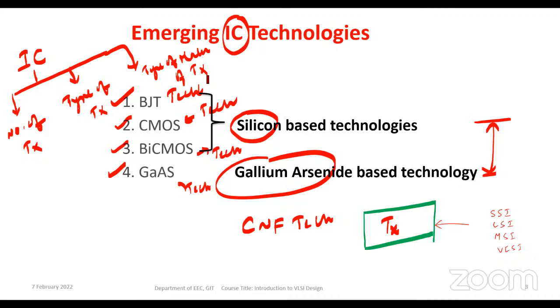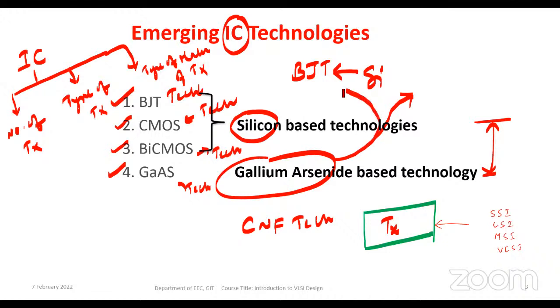Yes, based on silicon. For example, if you're talking about the bipolar junction transistor, we need a material to form this transistor. That's what we are going to see in the coming classes. Generally we use silicon material. The same bipolar junction transistor is possible to realize with gallium arsenide also.